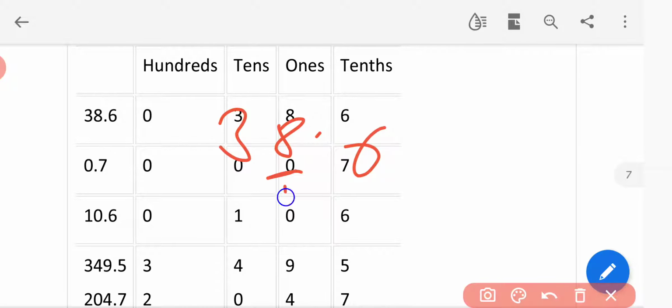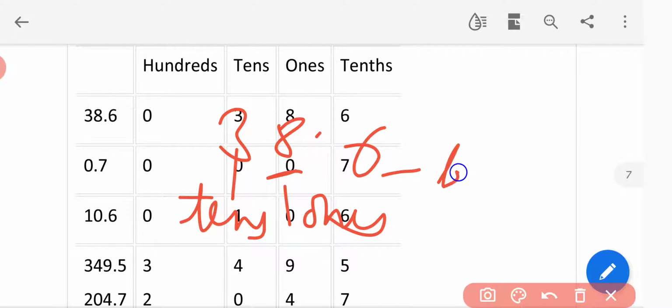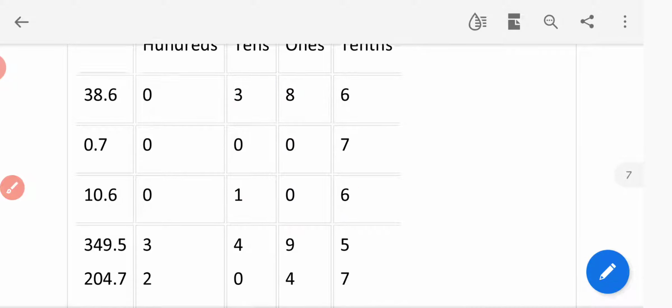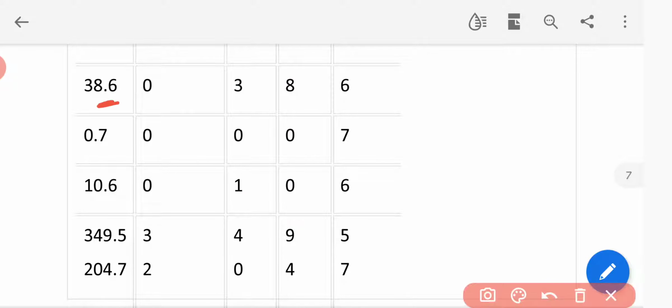So 8 is ones and 3 is tens and 6 is tenths. So in place of ones write here 8, in place of tens write here 3. अब यहाँ पर 100 का कोई सा नंबर है ही नहीं, तो यहाँ में क्या लिखना है? सिर्फ 0. And tenth after decimal, which is the number 6, so you have to write at the place of tenths.